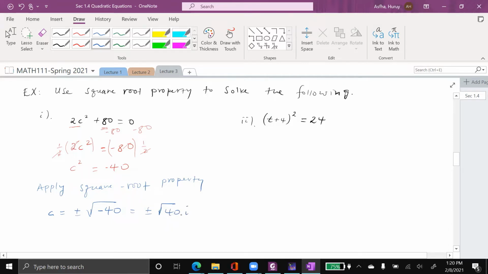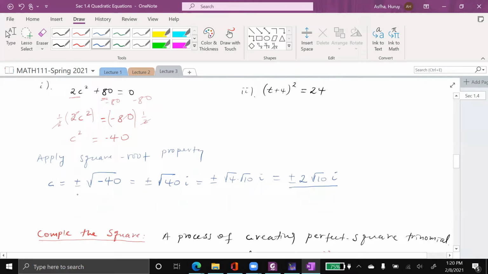This is what we learned in the last lecture. And again, I can simplify this one further. I will continue: plus or minus, 40 is 4 times 10. So we have root 4 times root 10 i. And we can find the root of this one. Therefore, this is plus or minus 2, because this is a perfect square, and the square root of 10 as it is, and we have the i.